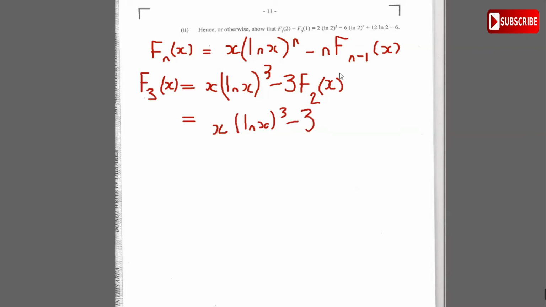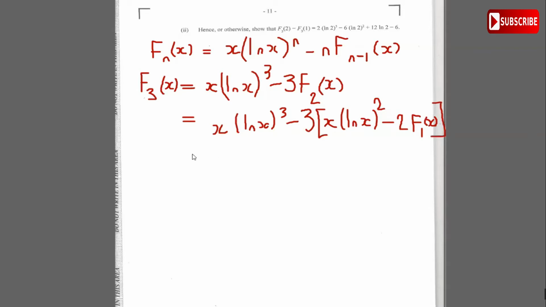To find f2(x), we're going to have to go back to this formula again and put n as 2. Putting n as 2, we get x (ln x)^2 minus 2 times f1(x), since 2 minus 1 is 1. Nice. So this is what we get.